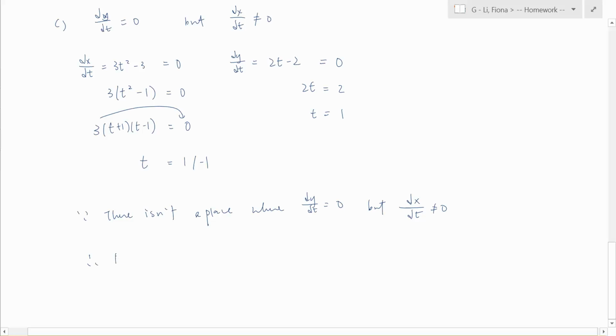So therefore, nope, there isn't a place or a time when the particle is moving straight horizontally.